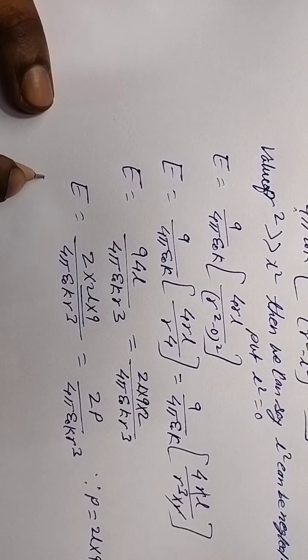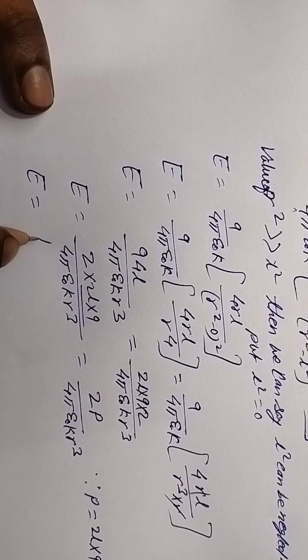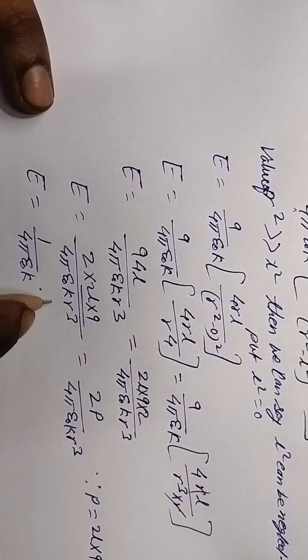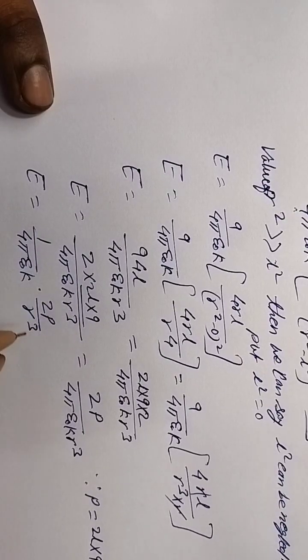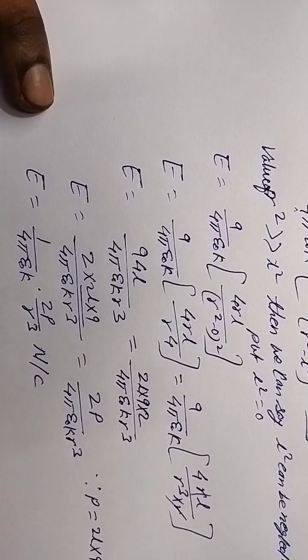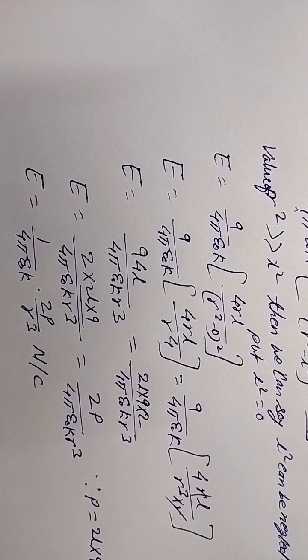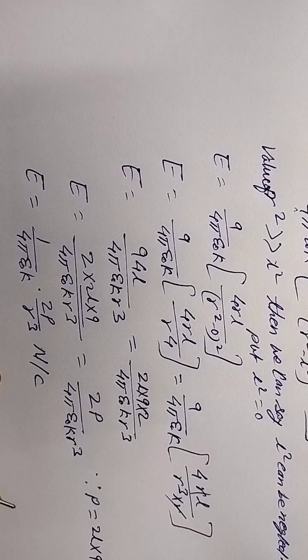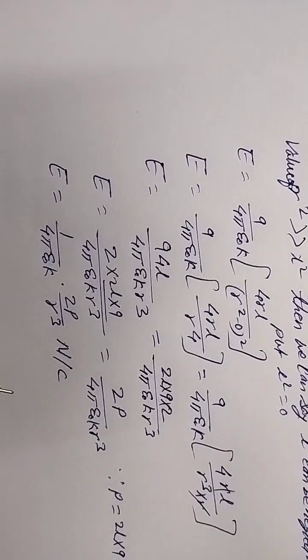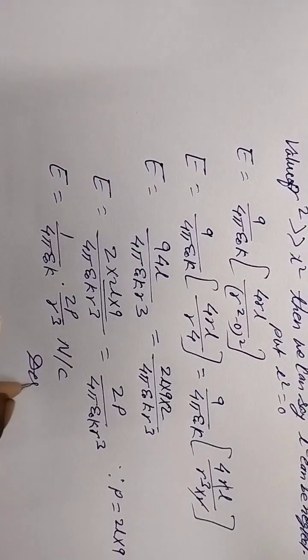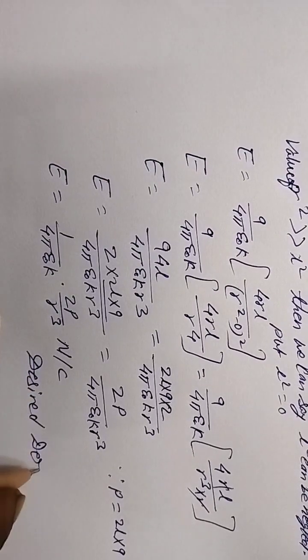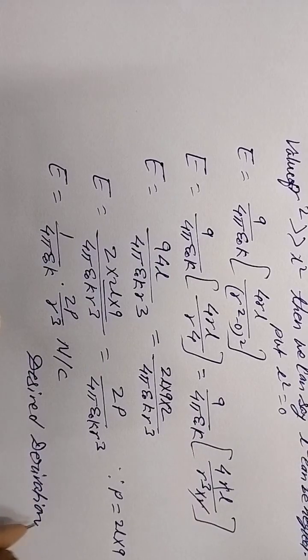Now we get E equals 1 upon 4 pi epsilon 0 K into 2P upon R cube, newton per coulomb, N/C. Hence, this is our desired derivation.